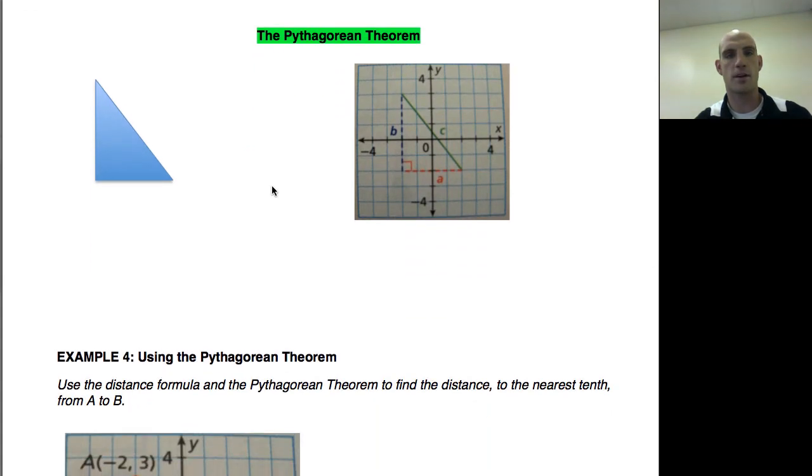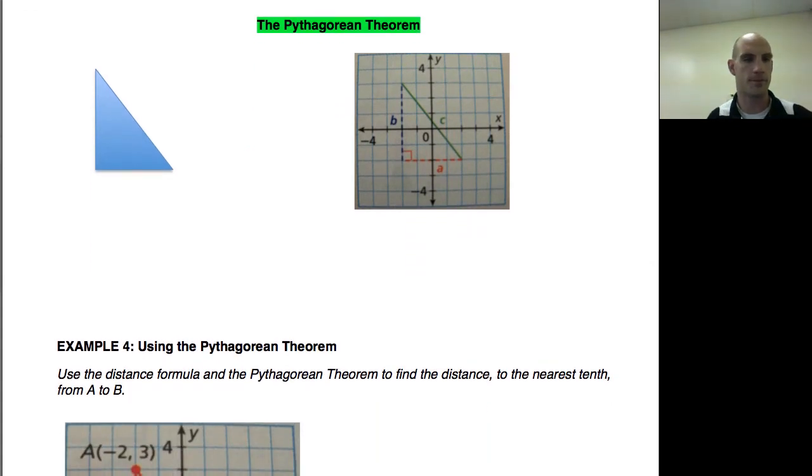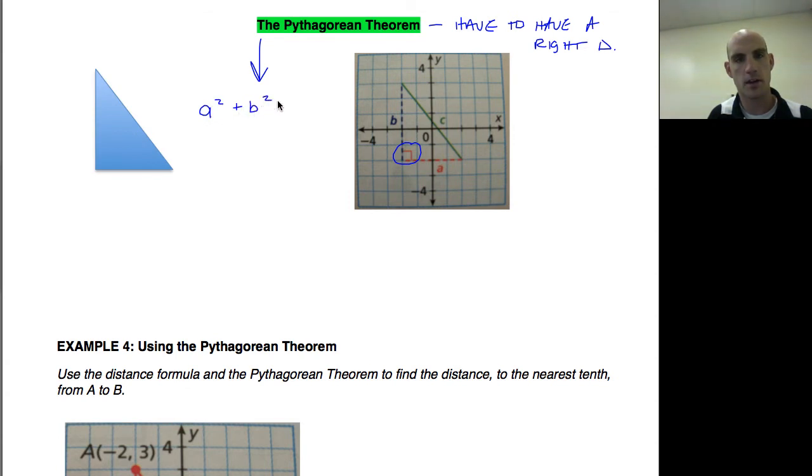Let's talk Pythagorean theorem real quick. You have to have a right triangle. Notice I have a right triangle here. And the Pythagorean theorem is a squared plus b squared equals c squared.